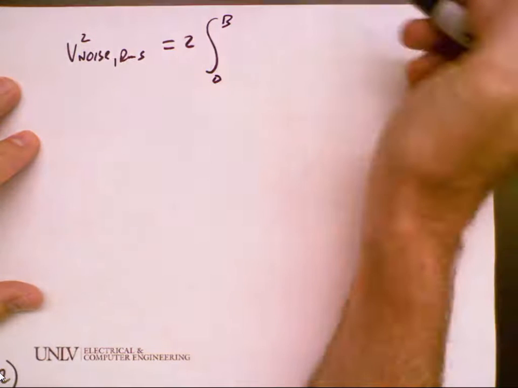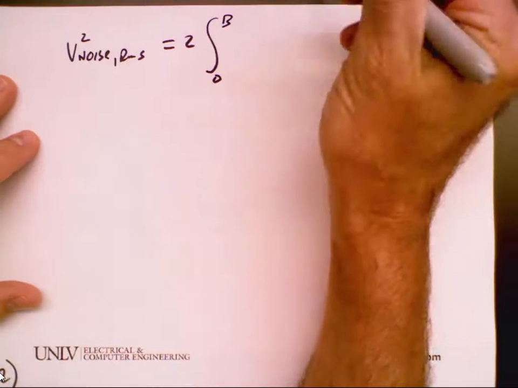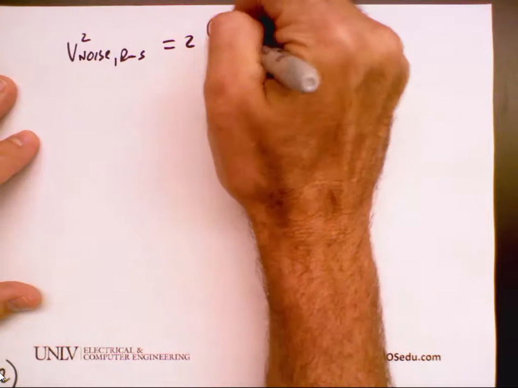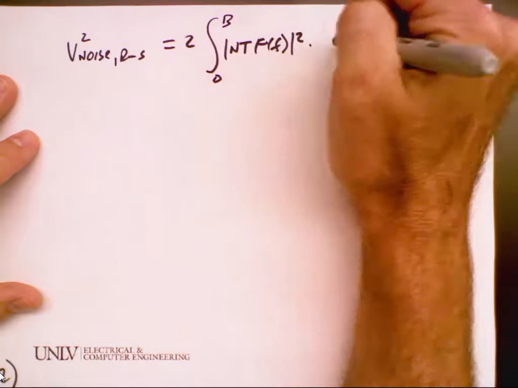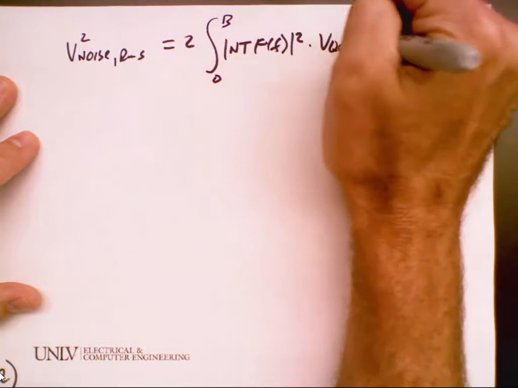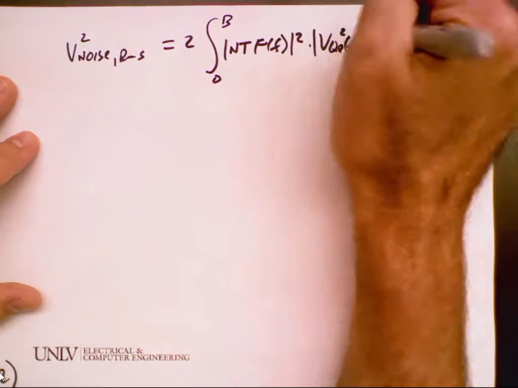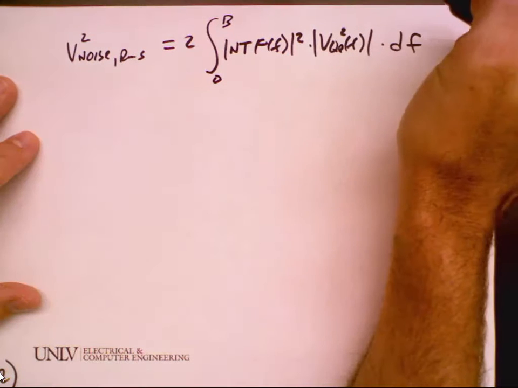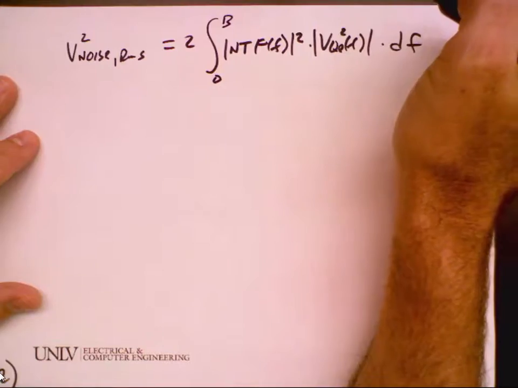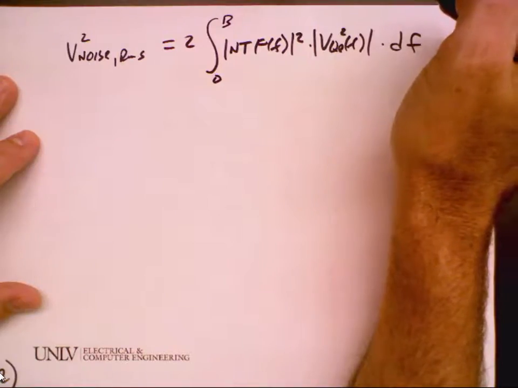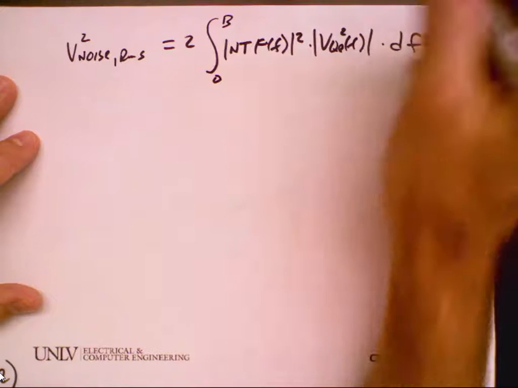So I'm assuming a brick wall filter of the noise transfer function times the VQE of F dF. And if you look at this, you can see the derivation in equation 613.